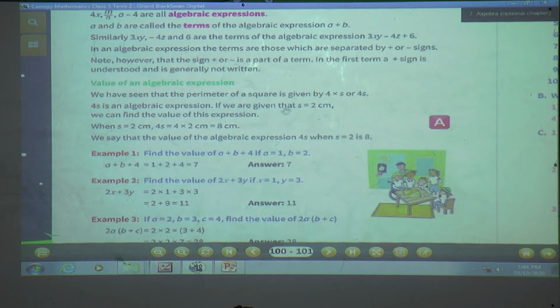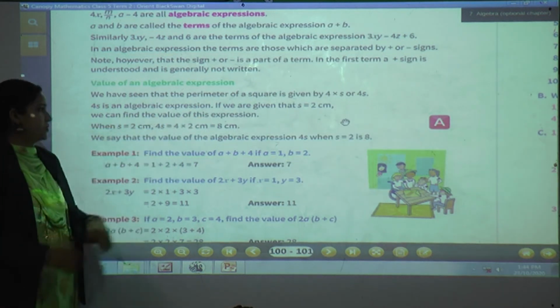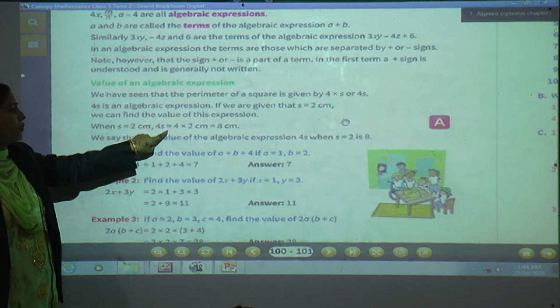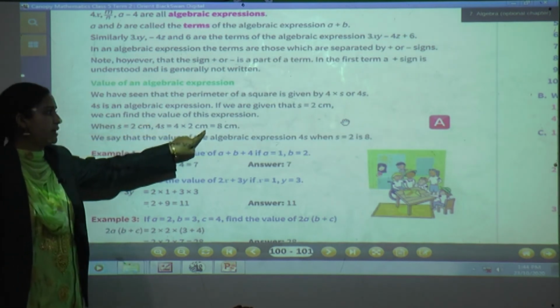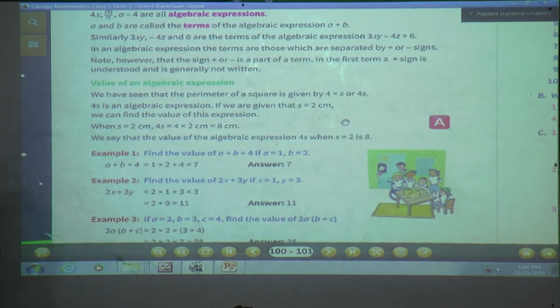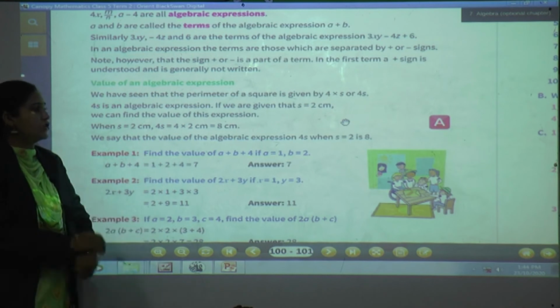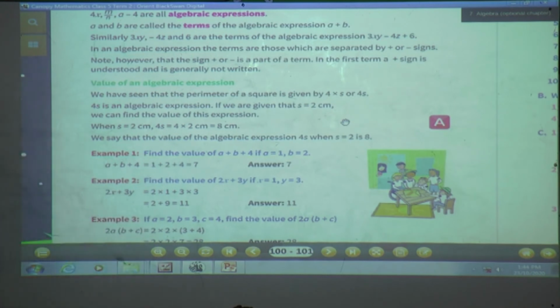If we are given that s is equal to 2 centimeter, we can find the value of this expression. When s is equal to 2 centimeter, 4s, that means 4 multiplied by 2, is equal to 8 centimeter. Here we say that the value of the algebraic expression 4s when s is equal to 2 is 8.